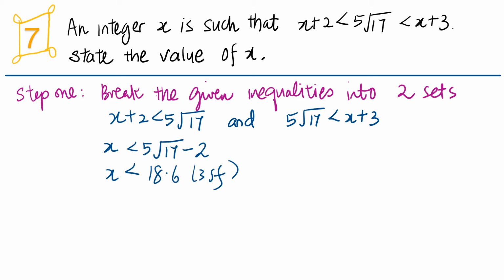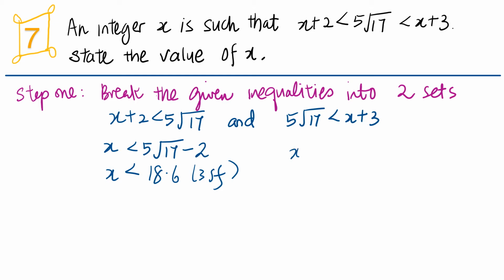For the first one, if you subtract 2 on both sides, you get x less than 5 square root 17 minus 2. If you use a calculator to evaluate, you should get 18.6 to three significant figures. So for the first inequality, x is less than 18.6.